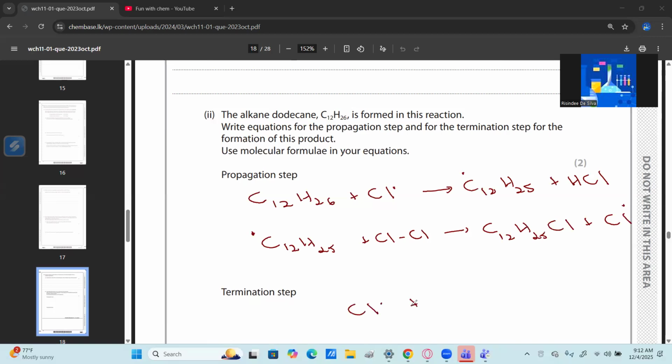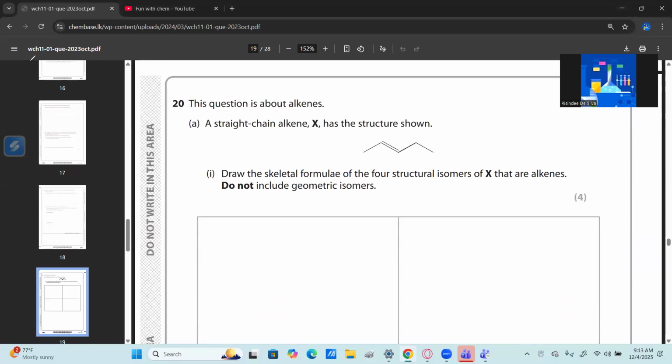For termination step, you can take the combination of 2 chlorine radicals or C12H25 and C12H25 to give C24H50. So in the marking scheme, any one of these are correct. For each reaction, 1 mark.